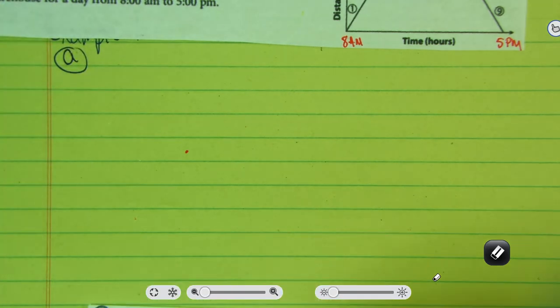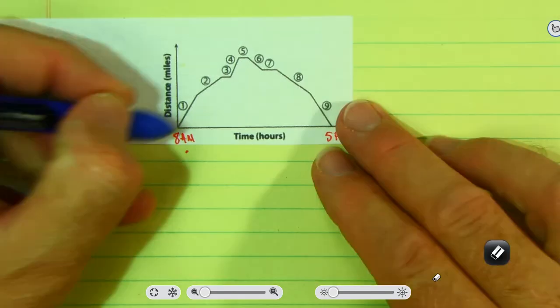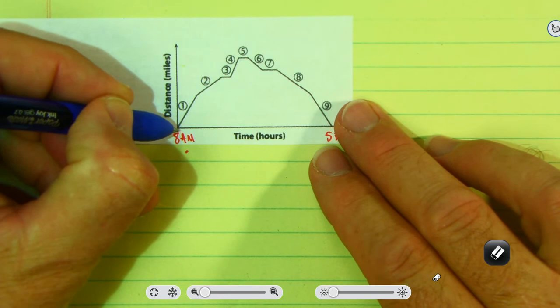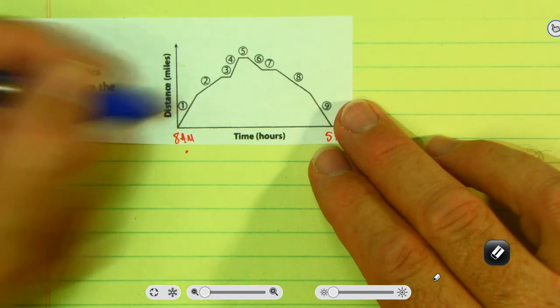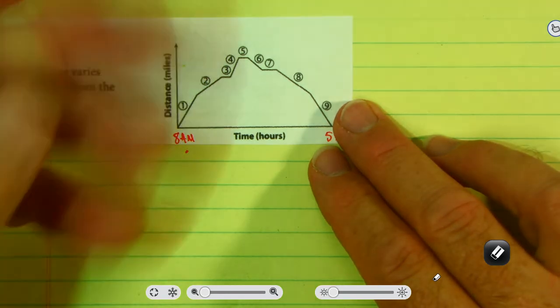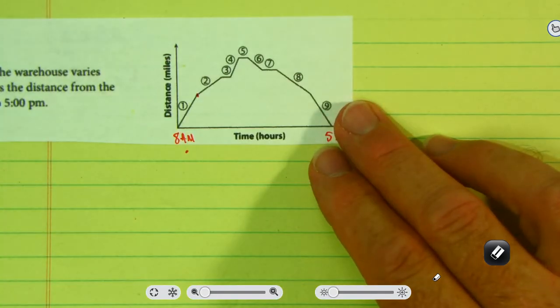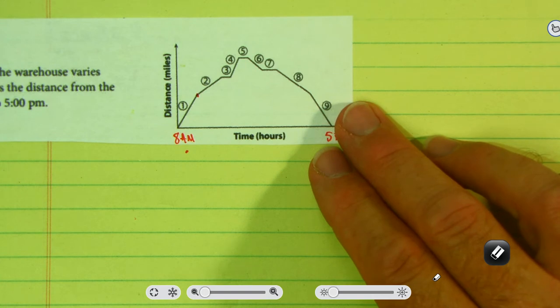So we're looking at the graph itself. What's going on here? Well, it leaves the warehouse, and in whatever period of time it takes to get from here to the start of segment 2, it's moving. Is it moving away from the warehouse or towards the warehouse?